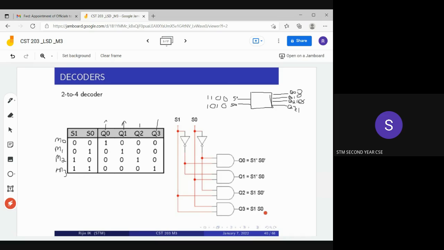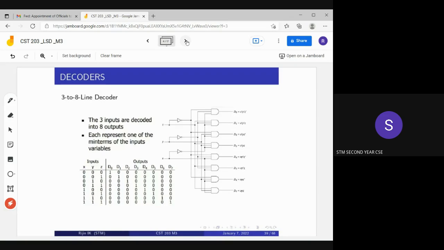So what is a 2 to 4 decoder circuit? A 2 to 4 decoder circuit has two inputs and four outputs. From that you can draw the truth table and you can draw the logic circuit. Similarly, you can draw a 3 to 8 line decoder.